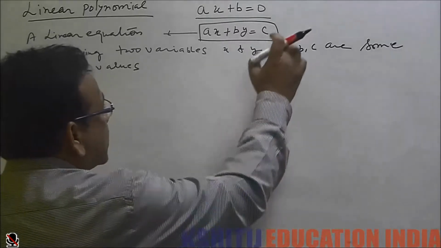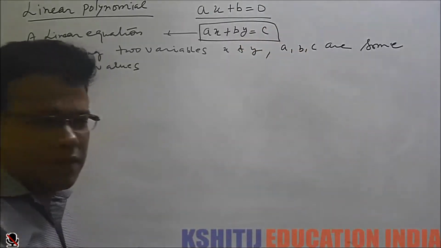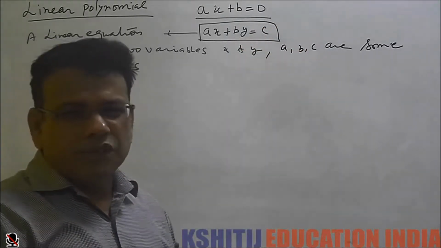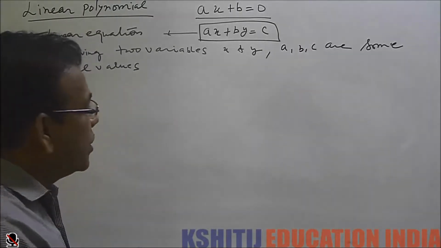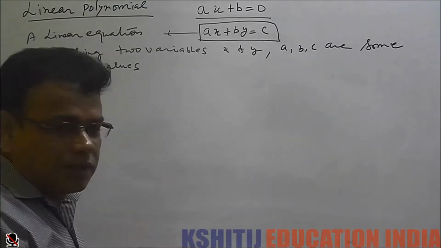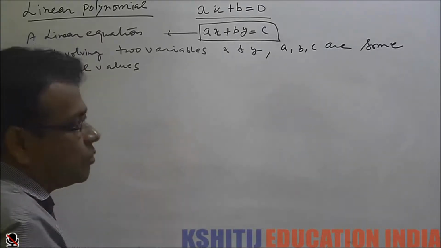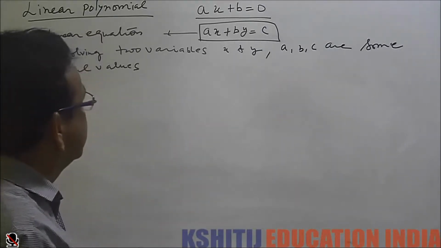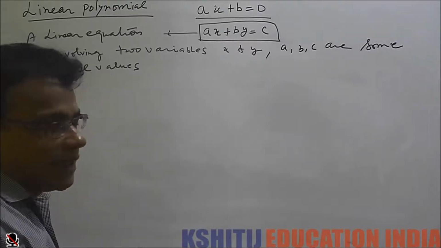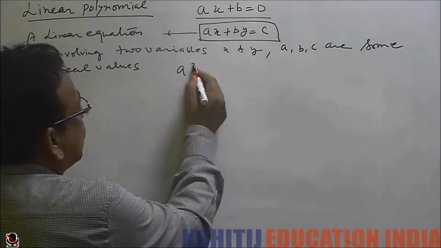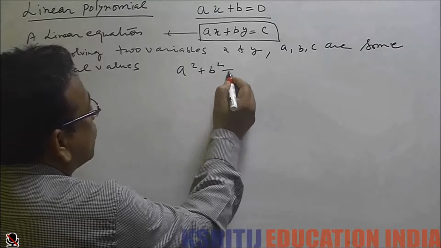Then this equation, this algebraic expression, is called a linear equation. One more condition is there to make it exist, that a square plus b square should not be equal to 0.